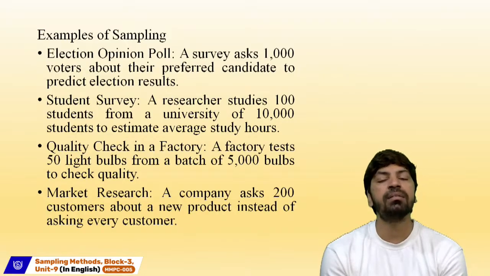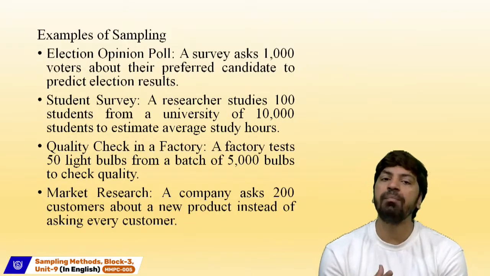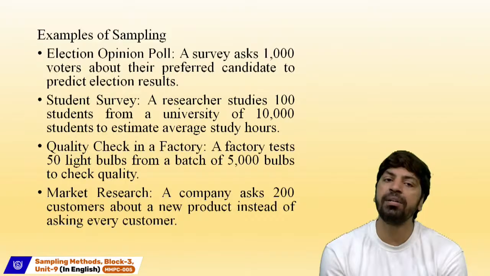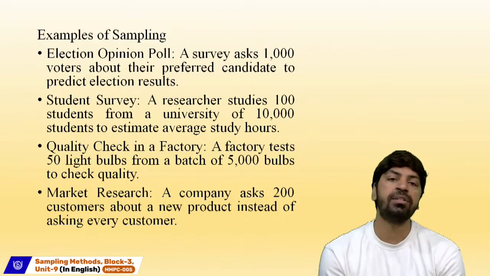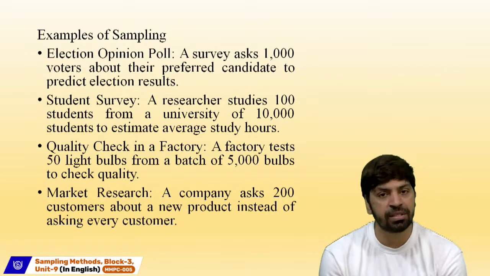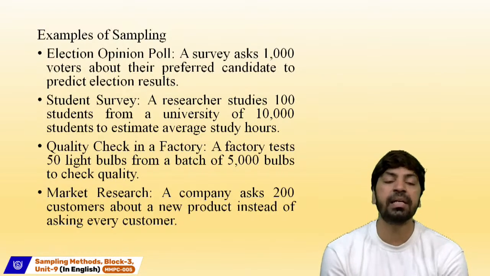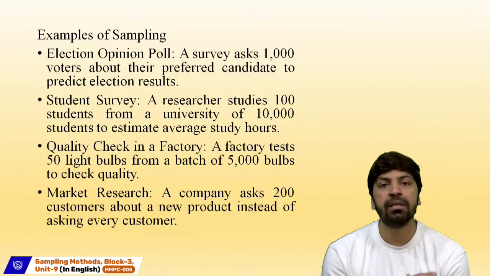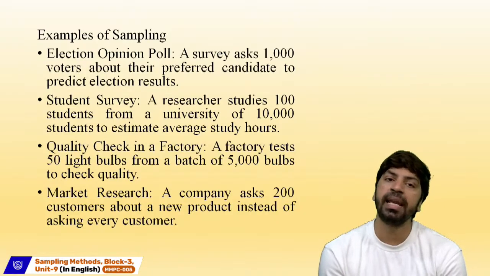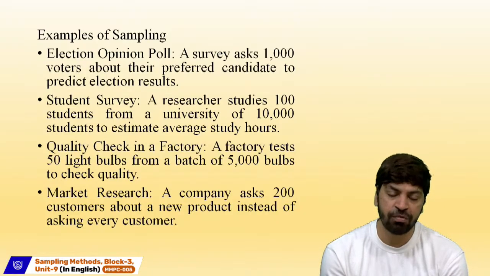The next is market research: a company asks 200 or 2,000 customers about a new product instead of asking every customer. And those are a few examples of sampling, which reflect the counts of selected groups of individuals.